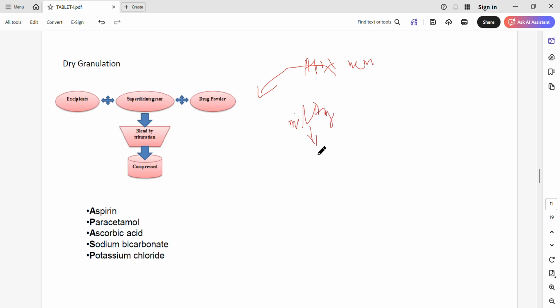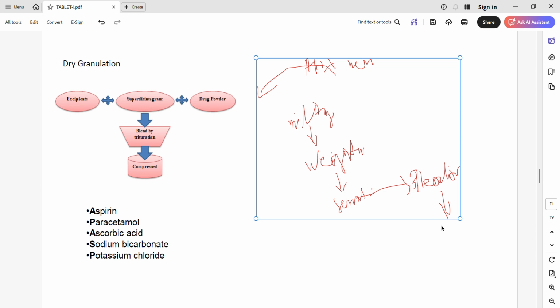Second, proper weighing of the tablet and excipient. After that we screen the mixture, then we blend for a proper mixture of the tablet and excipient.